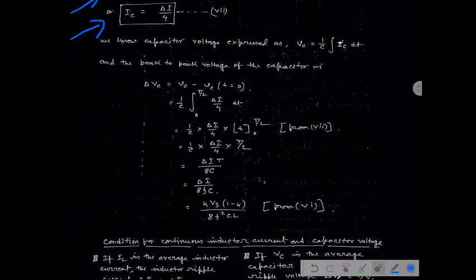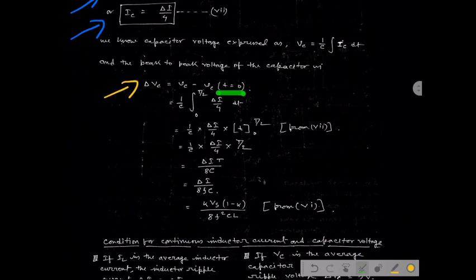Now we know the capacitor voltage is expressed as Vc equal to 1 by C integration of IC dt. It's the normal expression for the capacitor voltage in terms of IC. So we know the result of IC in equation 7. The peak to peak voltage of the capacitor is del V equal to Vc minus Vc at t equal to 0.